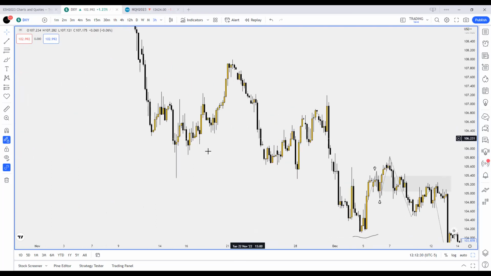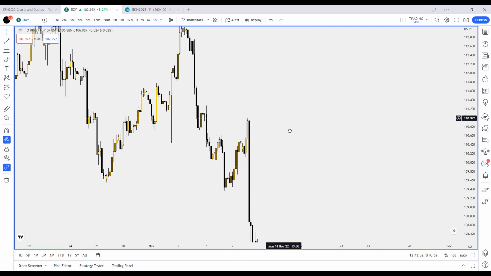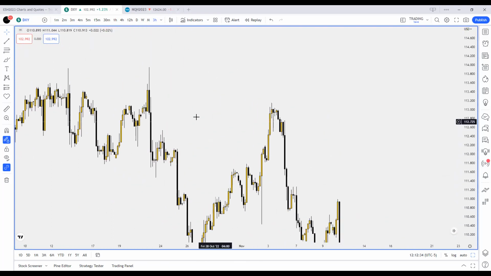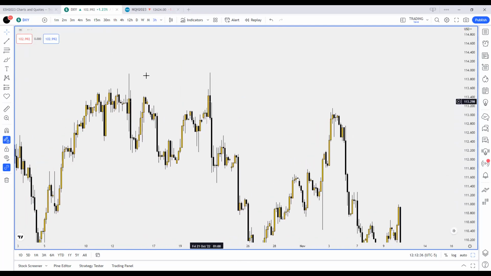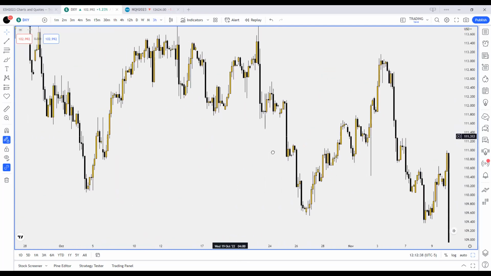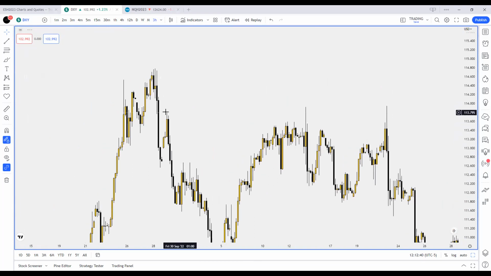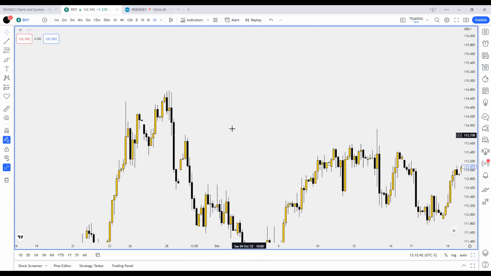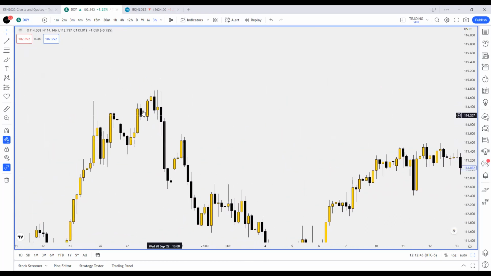Let's see if there's anything else on the DXY. Relative equal highs. Here we go, here's one. So you have a high made, lower high made, higher high taken out, lower low taken out here.